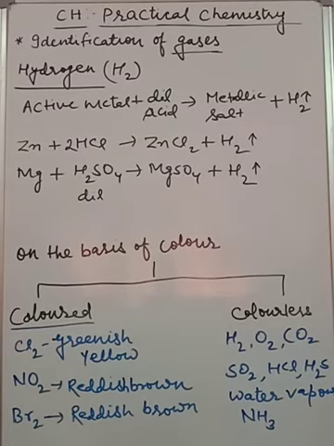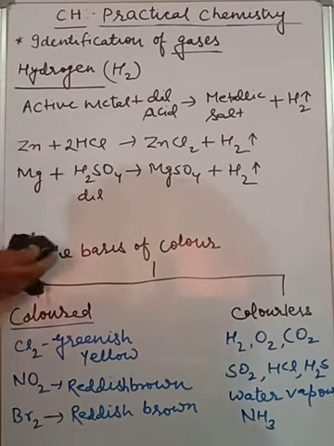The second point here you can observe, it burns with a pale blue flame. How can we find out? You bring a burning splinter, a burning matchstick, in front of the mouth of the container where hydrogen is evolved, and you will observe it starts to burn with a pale blue flame. As well as you can also hear a clear pop sound.